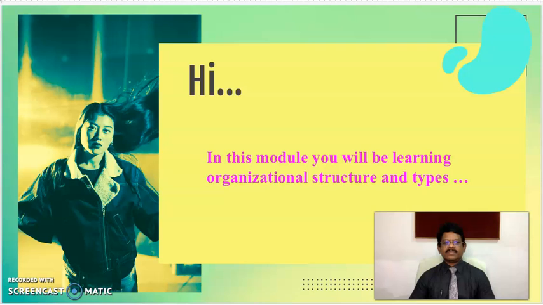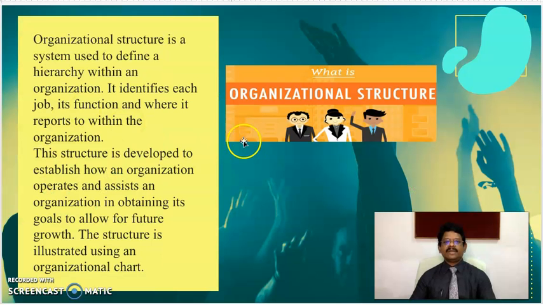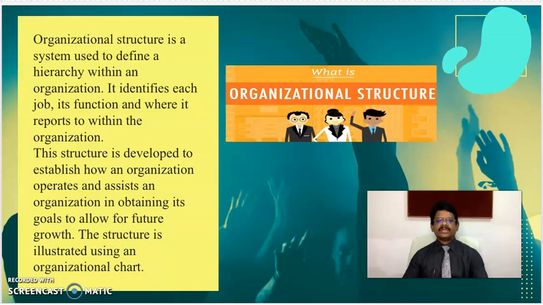It depends on the size of the organization also. Sometimes the size of the organization and the nature of operations or nature of business also decides a particular type of organizational structure, right? In that way, this organizational structure is so important for integrating and coordinating all the activities of the organization.